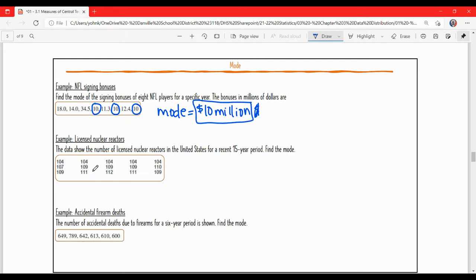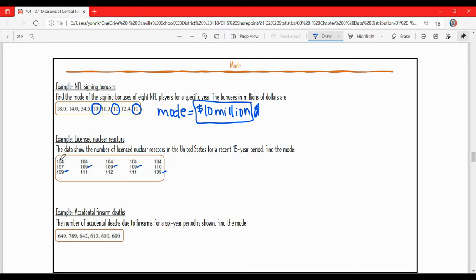If I look at the next one here, the data show the number of licensed nuclear reactors in the United States for a recent 15-year period. Find the mode. Well, let's see. The 111s jump out at me, but I see more 109s. I see one, I see two, three, four, five 109s.